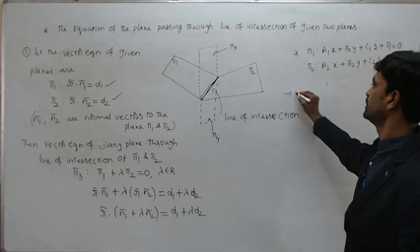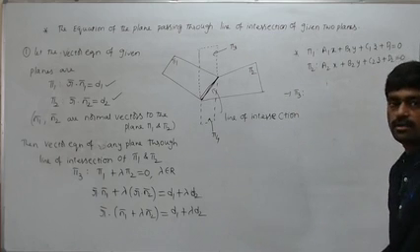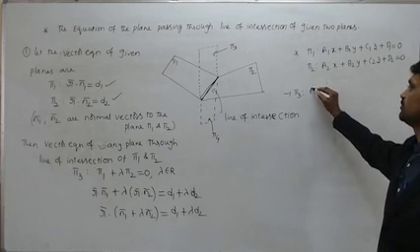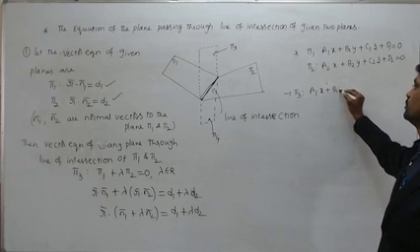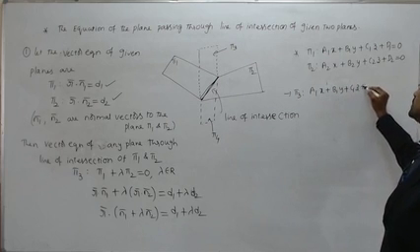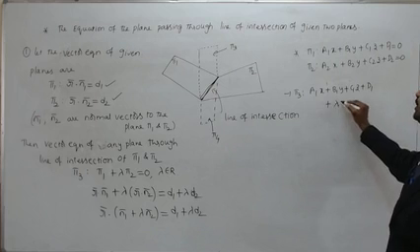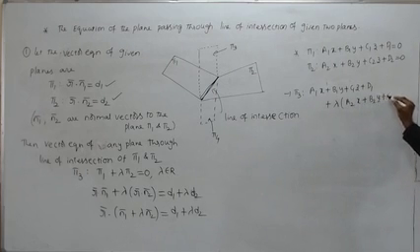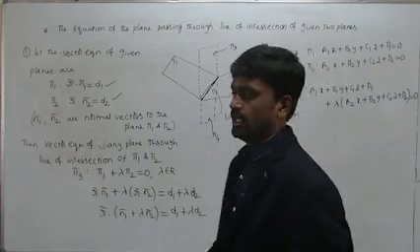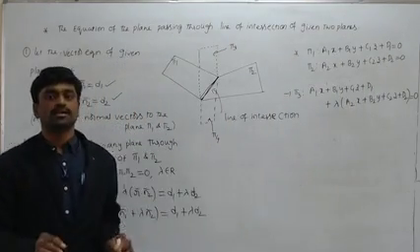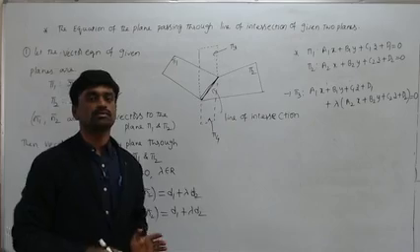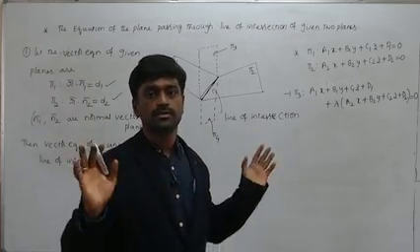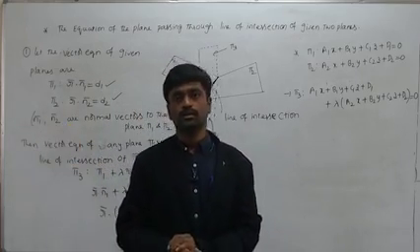The plane passing through the line of intersection of pi 1 and pi 2 should be in the form of a1x plus b1y plus c1z plus d1 plus lambda into pi 2. What is the pi 2 equation? a2x plus b2y plus c2z plus d2 is equal to 0. So the equation of any plane passing through the line of intersection of given two planes is in the form of pi 1 plus lambda into pi 2 is equal to 0. Remember that.